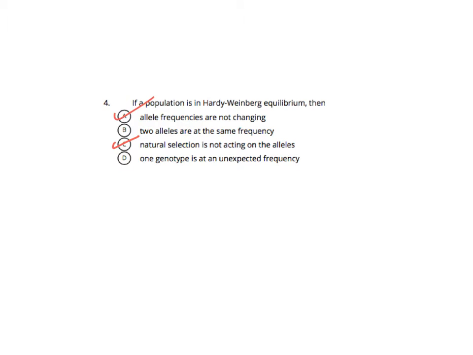So quick review: there are a lot of forces that can cause allele frequencies to change. Therefore, if allele frequencies are staying the same, it's likely true that there is random mating, there is no migration, there is no mutation causing new alleles to arise, and also that natural selection is not actively acting to change an allele frequency.